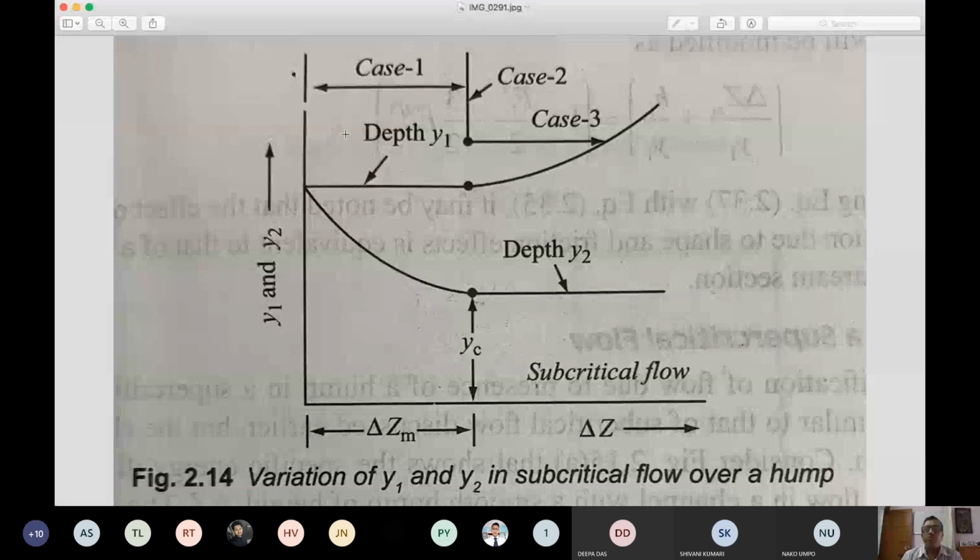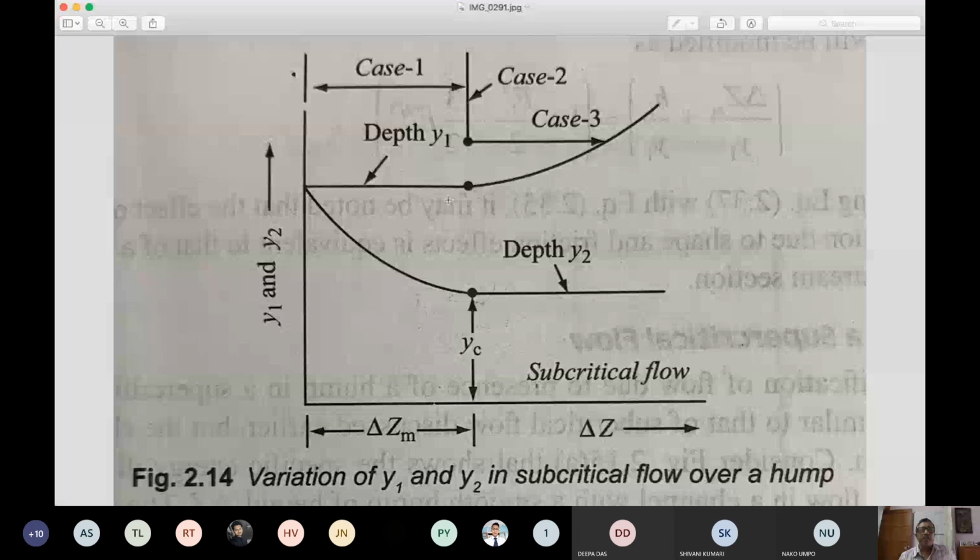And you can see that when delta Z increases from 0 to delta Zm, the upstream depth Y1 is not changing, and it is remaining constant.